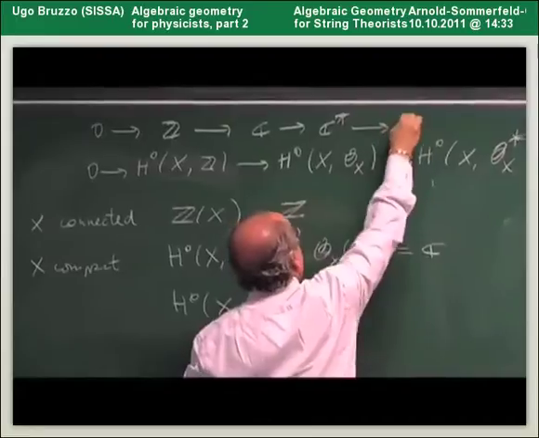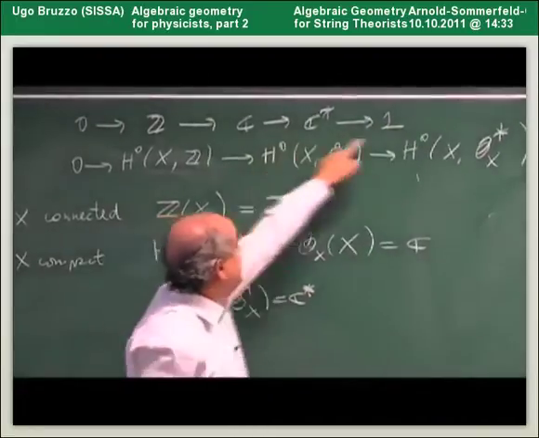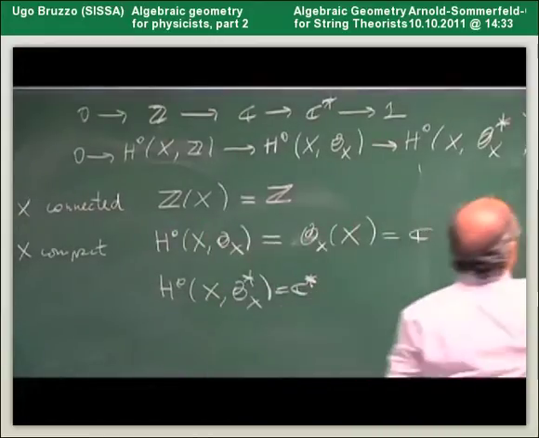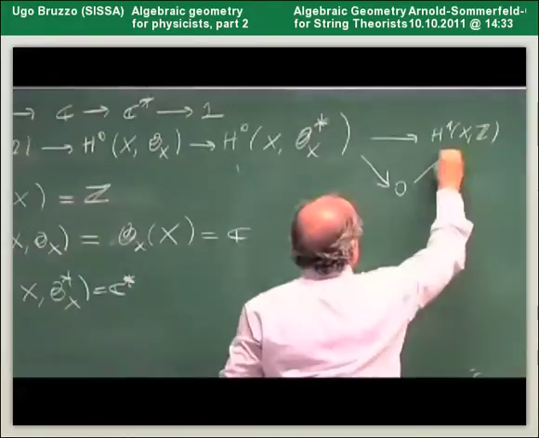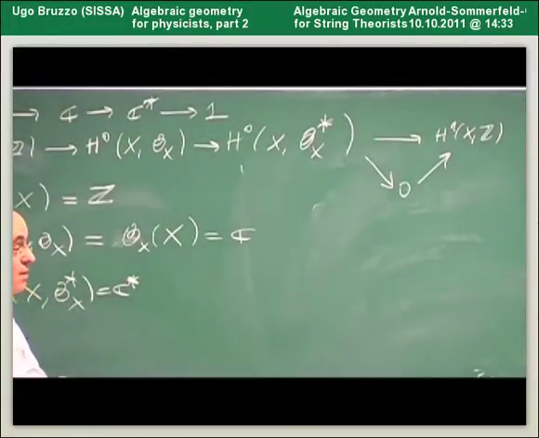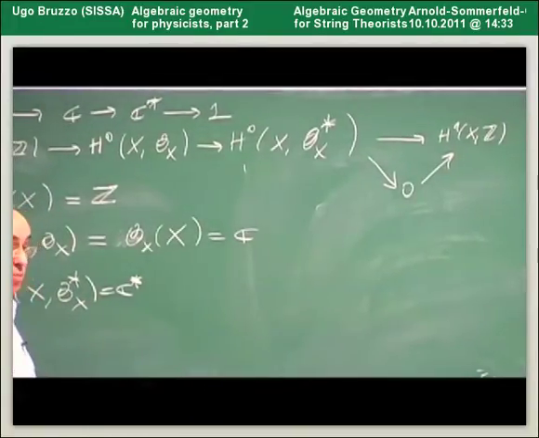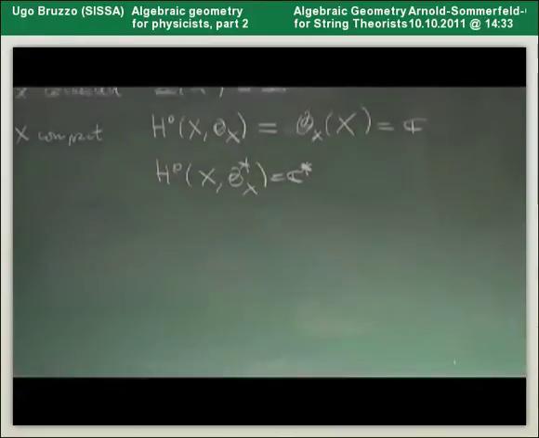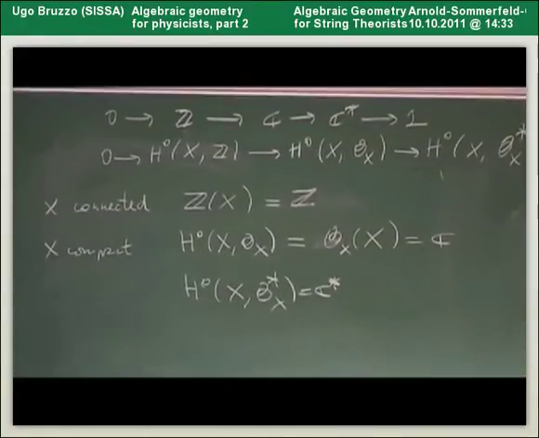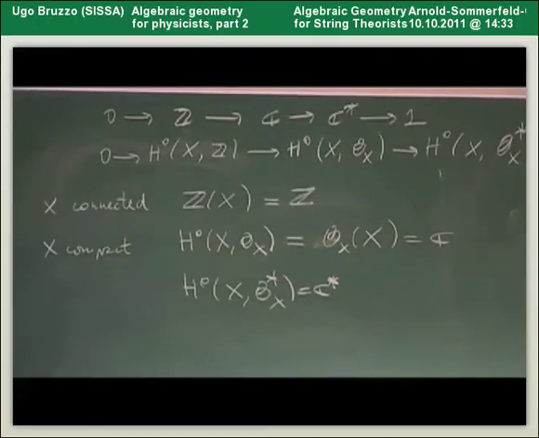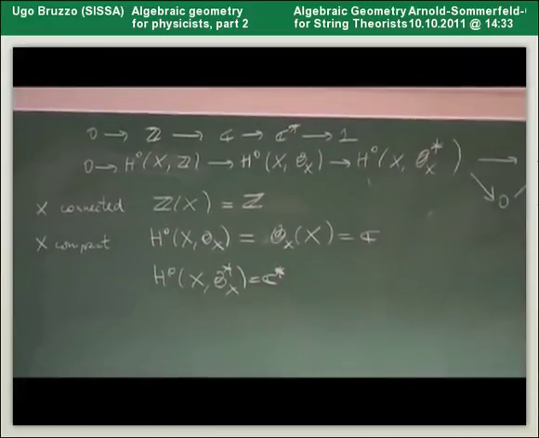But this we know is exact, ending with 1 here. So here I can write 1 or 0, and this means that the long exact sequence splits. There's a first piece with 3 elements which is exact by itself, and then it starts again with 0, which is this 0. Actually, you also need connected.